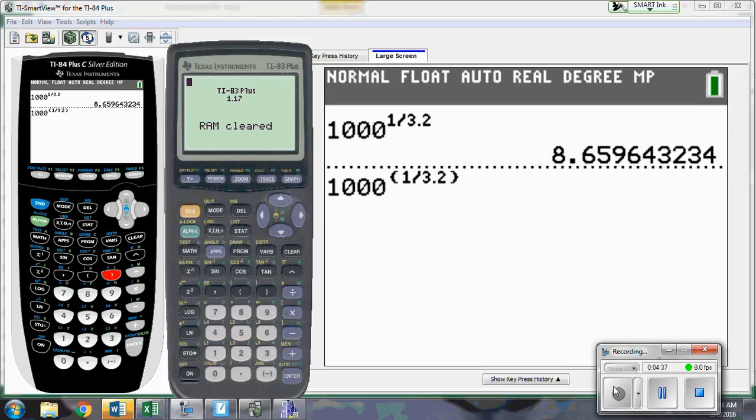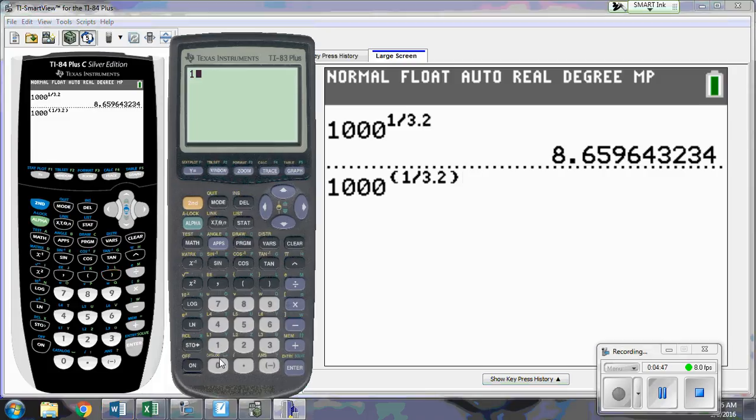All right, so I pulled up one of the older Texas Instrument calculators. Here's the TI-83 Plus. And so for this one, I can type it in, 1,000 to the 1 over 3.2. And this is where I'd like to caution you. The older style calculators follow the order of operations, and so this is going to take 1,000 to an exponent of 1, and then divide by 3.2, and we're getting something drastically different.